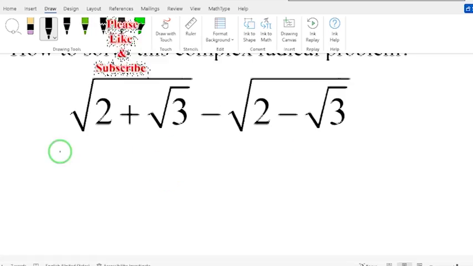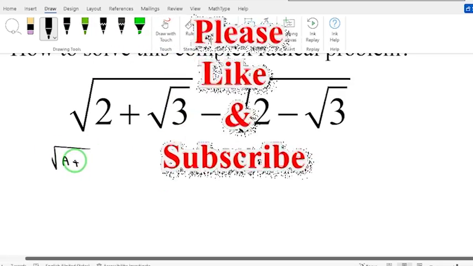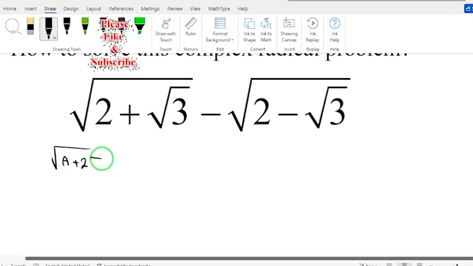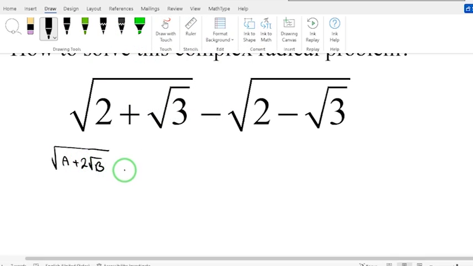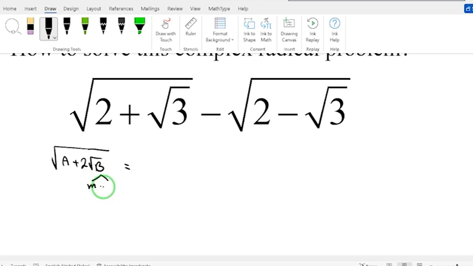What's a compound root? If you have a root like square root of a plus 2 square root of b, how can you solve this type? You can find two numbers that multiply to give b and add to give a. Actually, it's a perfect square.